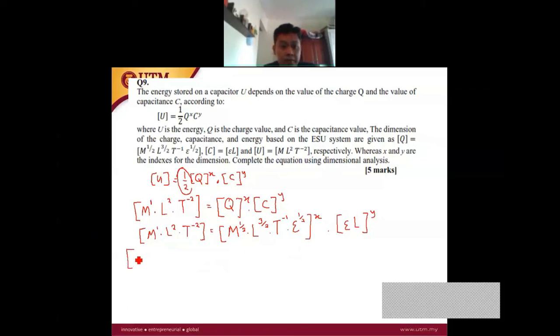So M to the power of 1 multiplied with L to the power of 2 multiplied with T to the power of negative 2 multiplied with epsilon to the power of 0. Okay. So epsilon to the power of 0 is equivalent to 1. Okay.